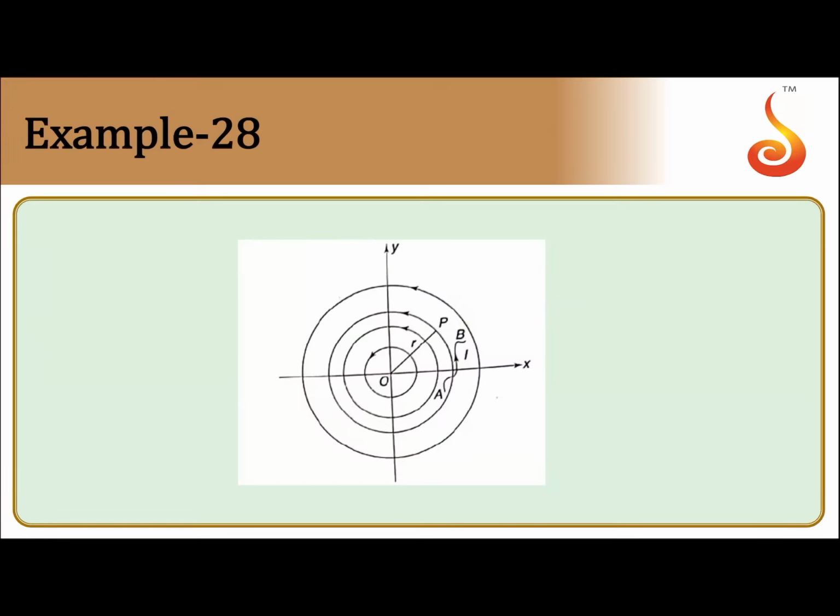So the 2 points A and B have coordinates given, and the field lines are circular like this. So if we have a point P having coordinates x and y, so R can be written as root over x square plus y square.